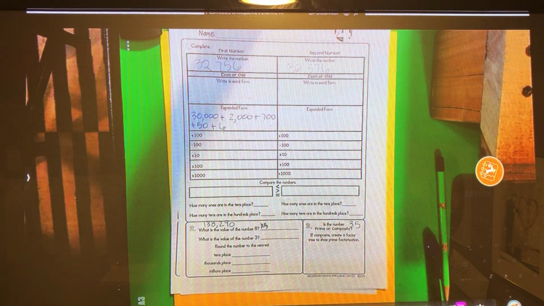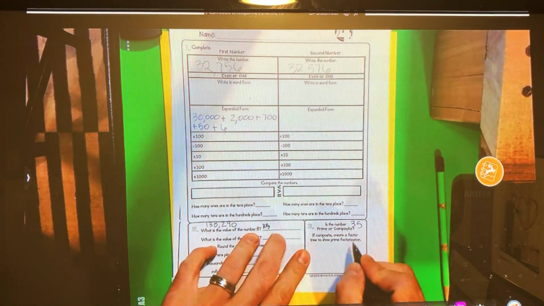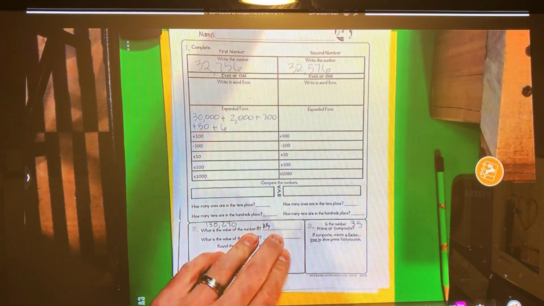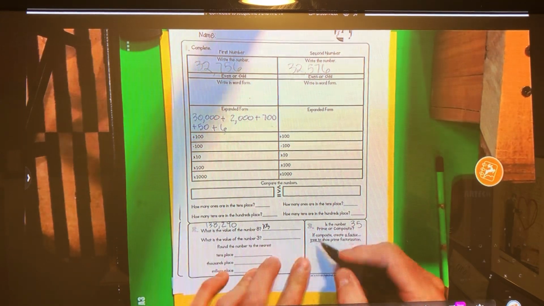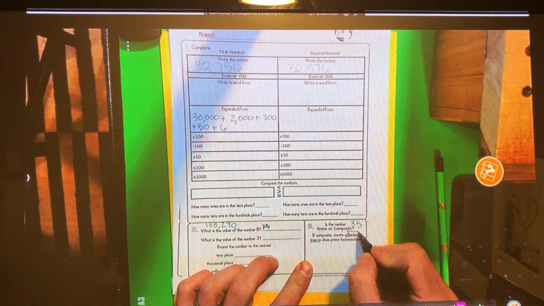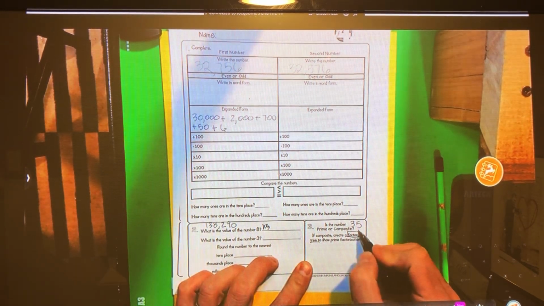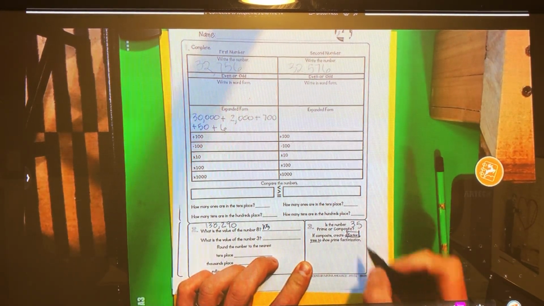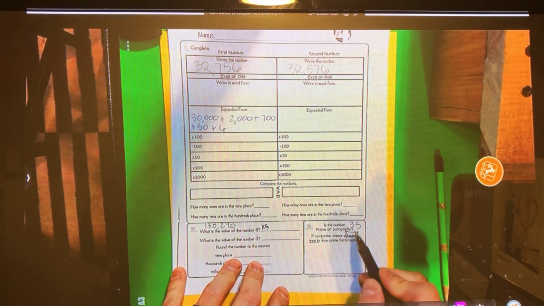In order to figure out if it's prime or composite, you don't need to create the factor tree, but you do need to list the factors of 35. Factors is the key word in this direction here. Determining prime or composite depends on the factors that make up the number, in this case 35.